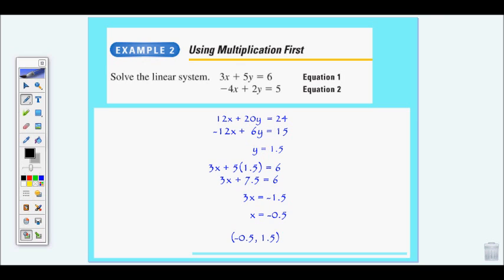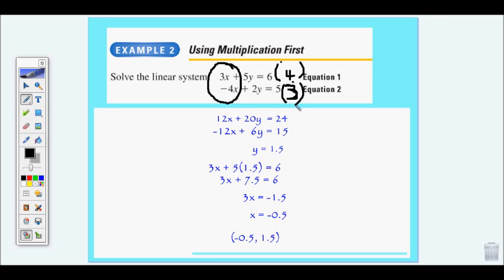But I can eliminate my x's if I multiply them, because I have a positive x and a negative x. So I'm going to multiply the first equation by a positive 4, so the whole equation multiplied by 4. And then the second equation I'm going to multiply by a positive 3.